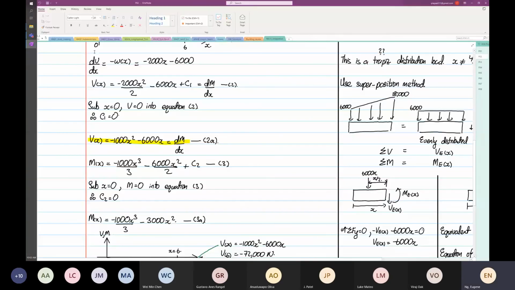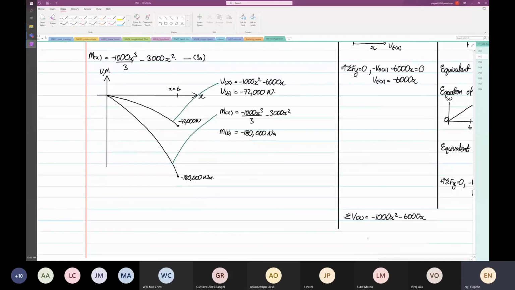That equation that I'm highlighting in yellow now, equation 2a, is exactly the same as the equation that we have derived. But the method we use is superposition. Okay, you can see that now.